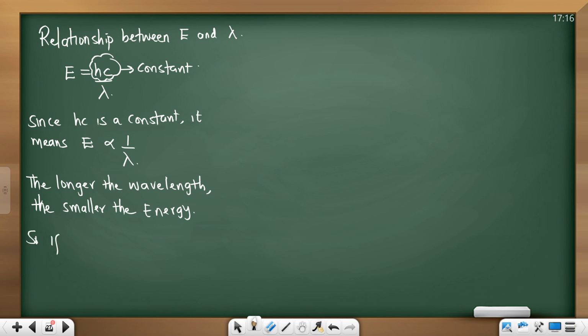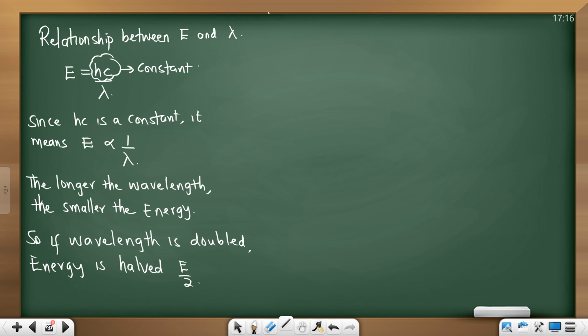So, if wavelength is doubled, and I'm going to extend my explanation, energy is halved. I want to explain that because this will come to us in multiple choice. Just hold on writing. I know you want to write, but please quickly hold on.